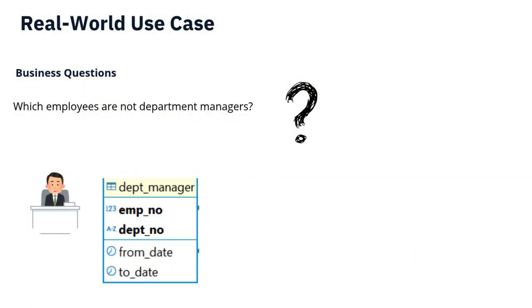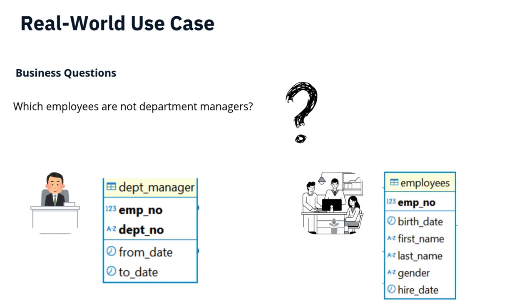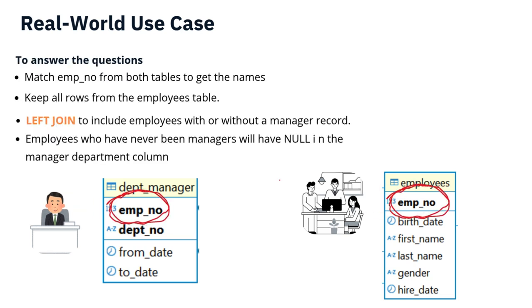We are working with two tables: department manager, which contains employee number, department number and date; and employees, which contains employee number, names, and all the details. Our goal is to find out which employees have never been department managers. To do that, we need to see all employees and check whether each one has ever been a manager.